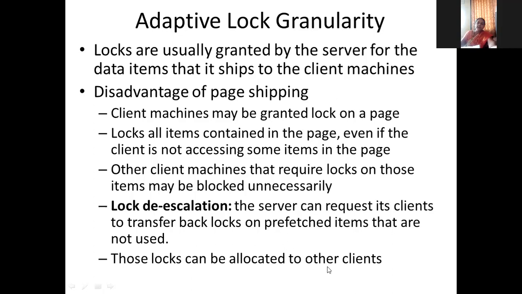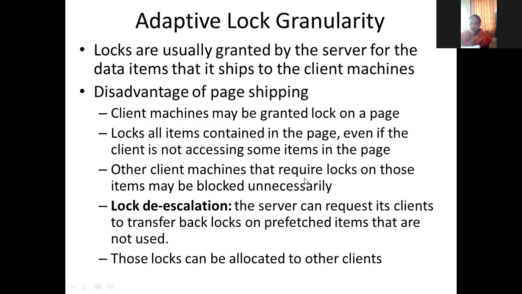So in that case, lock de-escalation. Lock de-escalation means what? The server can send the request to its client to transfer back the locks on the pre-fetched atoms that are not used. Okay, तुम्ही जे यूज करत नाहीत असे डेटा आयटम्स पुन्हा ट्रान्सफर बॅक करा, so they can be allotted to the other client.